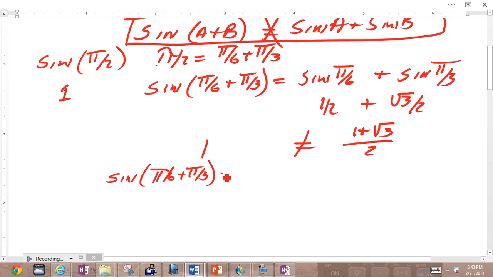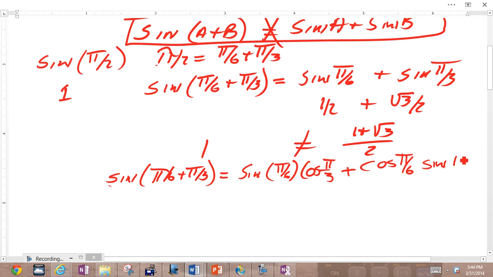As we said, the S is for the same, so it's a plus sign connecting the sine of pi over 6 times the cosine of pi over 3, plus the cosine of pi over 6 times the sine of pi over 3.